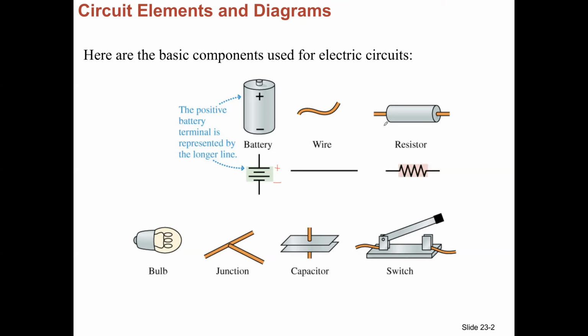This resistor here, usually in an actual circuit, is a cylinder, usually of a material like tungsten, something that still conducts, but not as well as copper or aluminum or gold. Light bulbs have a little curly thing inside the bulb. We won't work with them much in our class, but just showing you there.